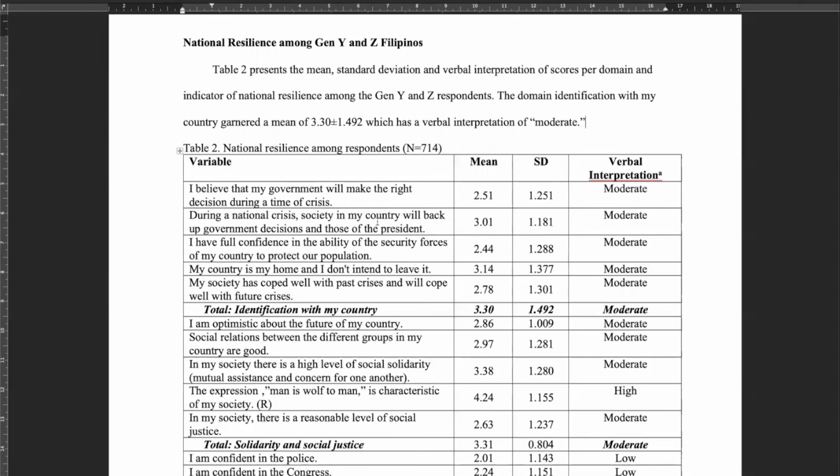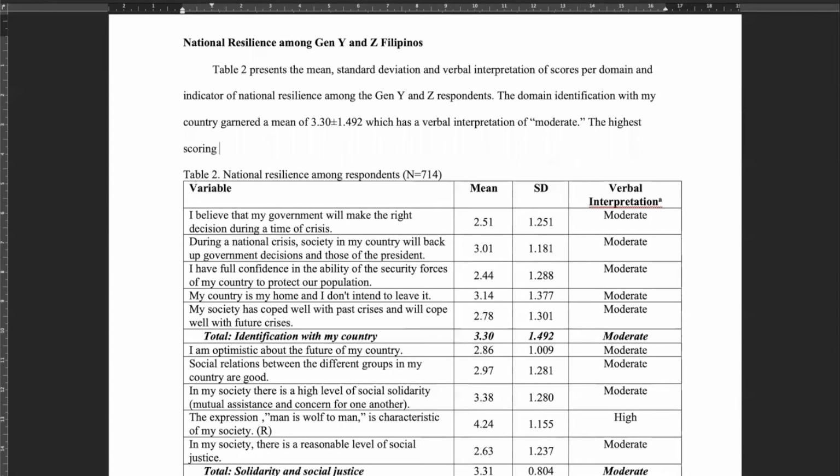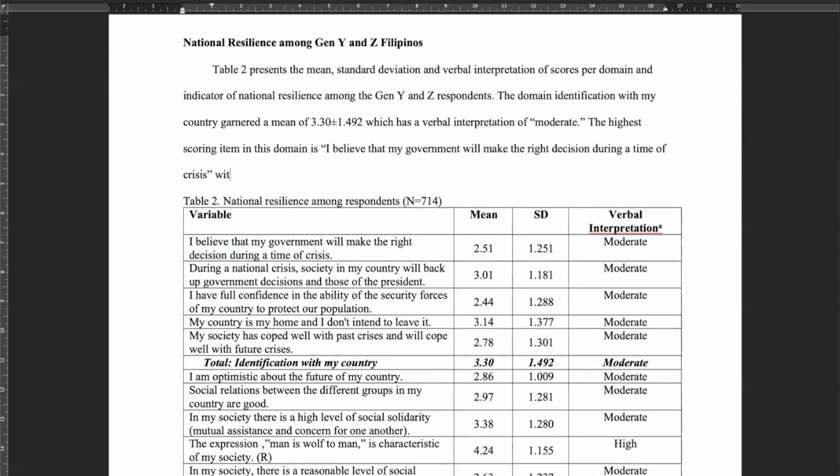And then we also identify which indicator has the highest score. So let's see, 3.51. I think this is the one, no? Right. So the highest scoring item in this domain is, I believe, let me just copy and paste, "I believe that the government will make the right decision," with a mean of 2.51 plus or minus, since we already said the highest scoring item, 1.251, all right, with a verbal interpretation of moderate.